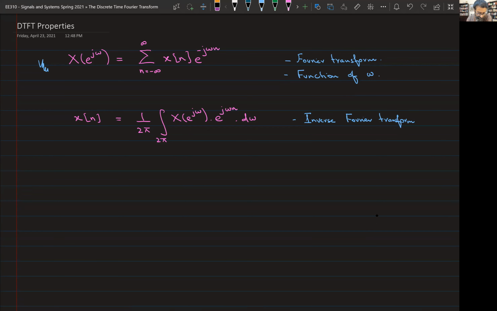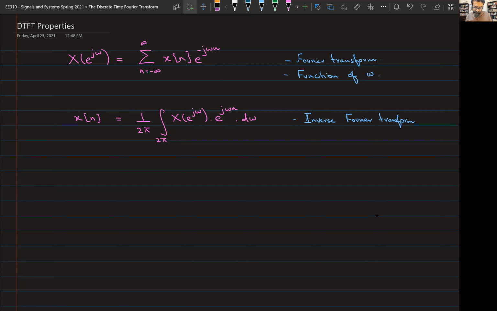The independent variable is this omega, and X of e raised to j omega, as the continuous time Fourier transform, in the discrete time indicates the contribution of the discrete time exponential of the frequency omega. And this is how you compute the Fourier transform.